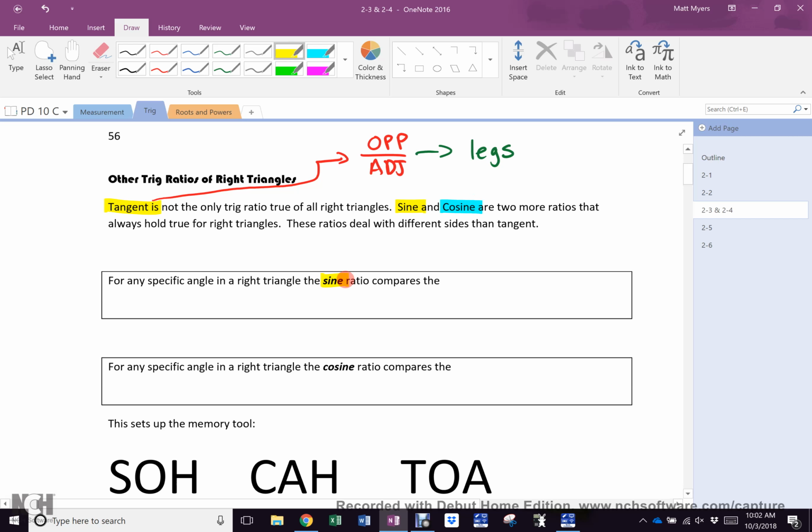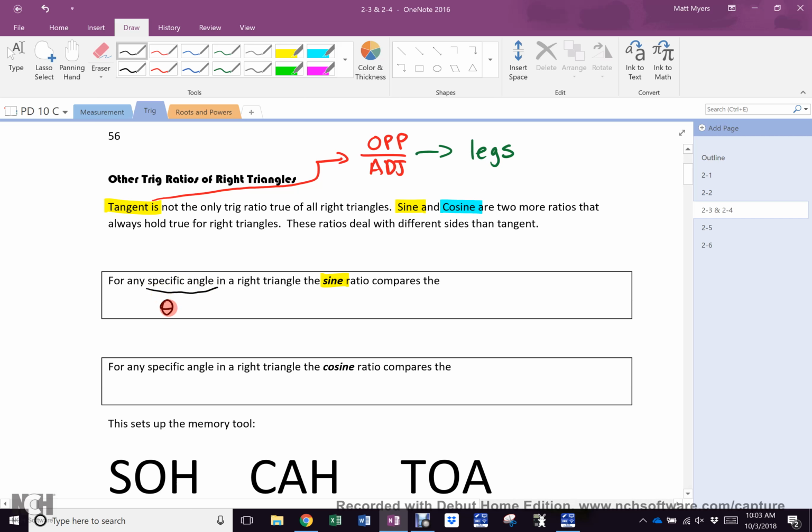Sine, which is yellow. Remember, what angles does this work for? Specific angle. Right angle. For the specific angles in the right triangle. Which angle? Thank you. For a specific angle, your theta.